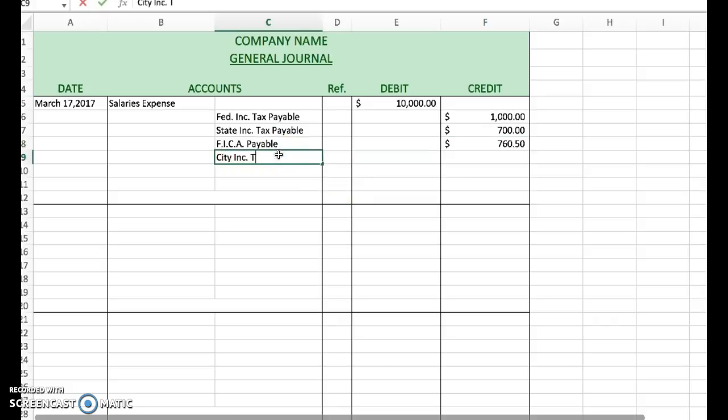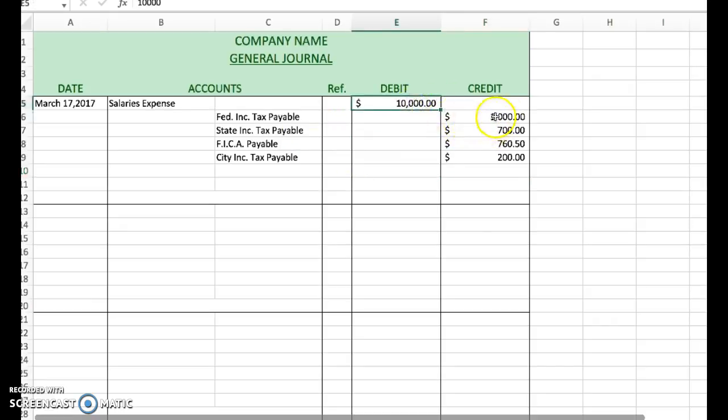Another one. This will vary depending on where you live and where you work, but some places have city income tax payable. That is also a deduction. So based on the $10,000, we withhold $200 from the employees because that is required to be paid to the city. So that again is a payable. All of these amounts of money are withheld from the $10,000.